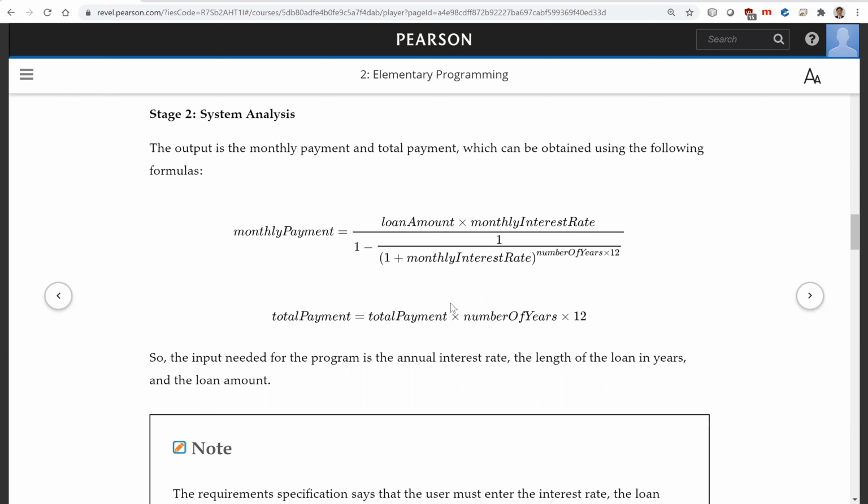All you need to know is, given the formula, you'll be able to write the program. So here, given this formula, you will be able to write this program. You're going to get the input from the user: the loan amount, monthly interest rate, and number of years.